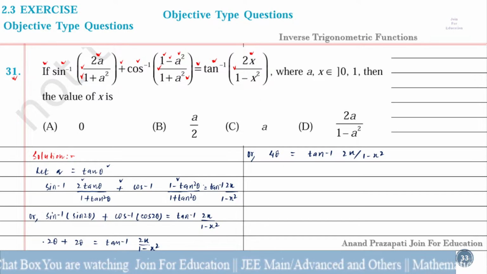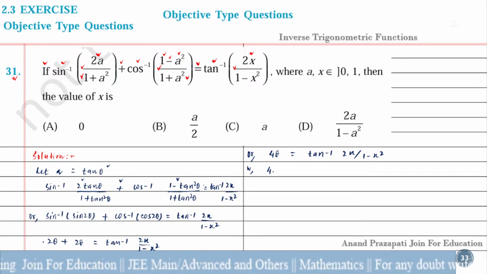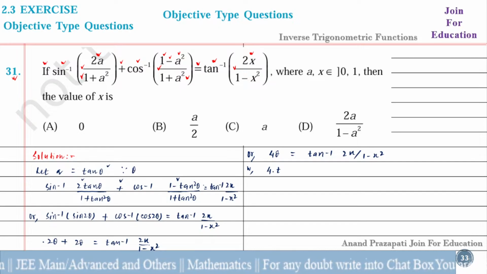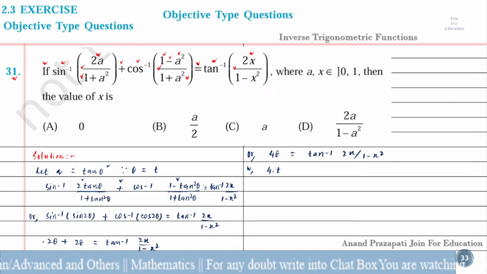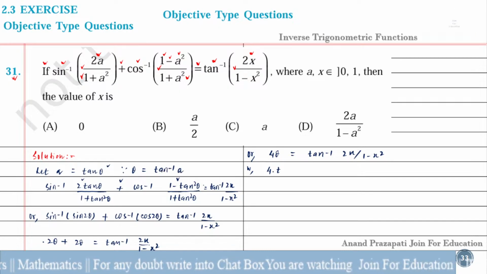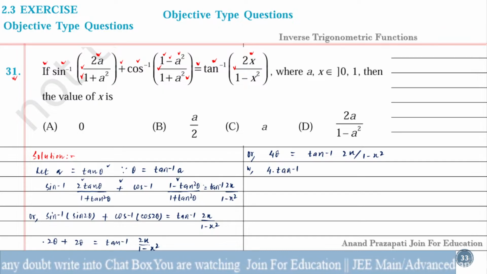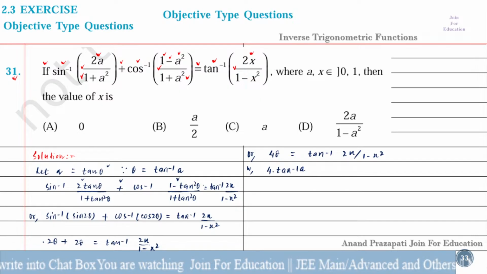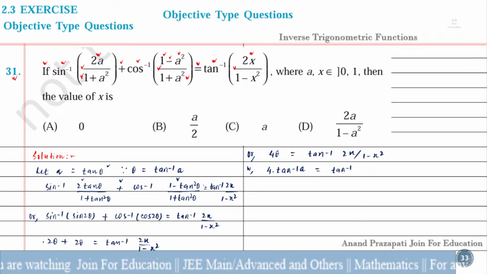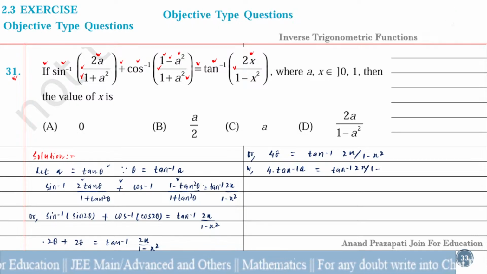Here theta equals tan inverse a, so we write 4 tan inverse a equals tan inverse 2x by 1 minus x square.